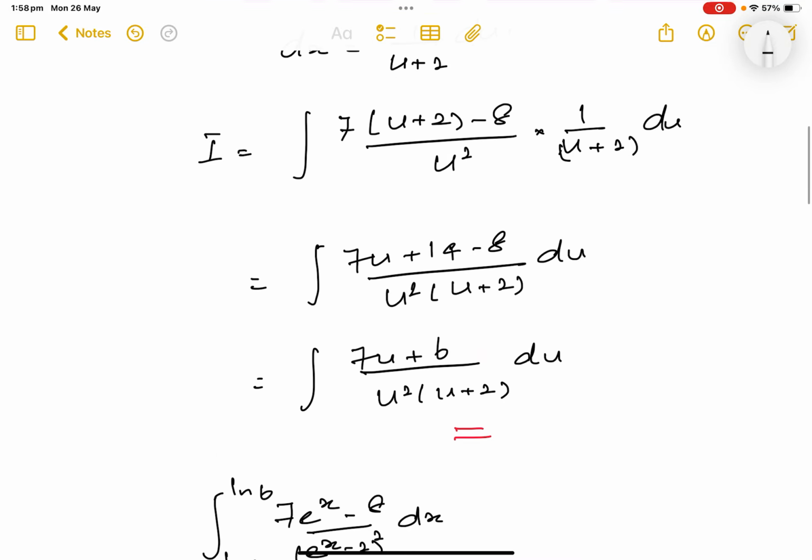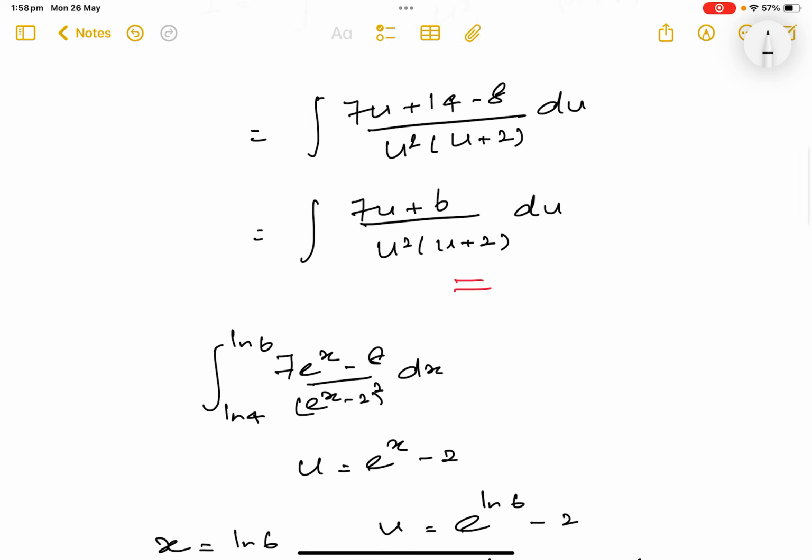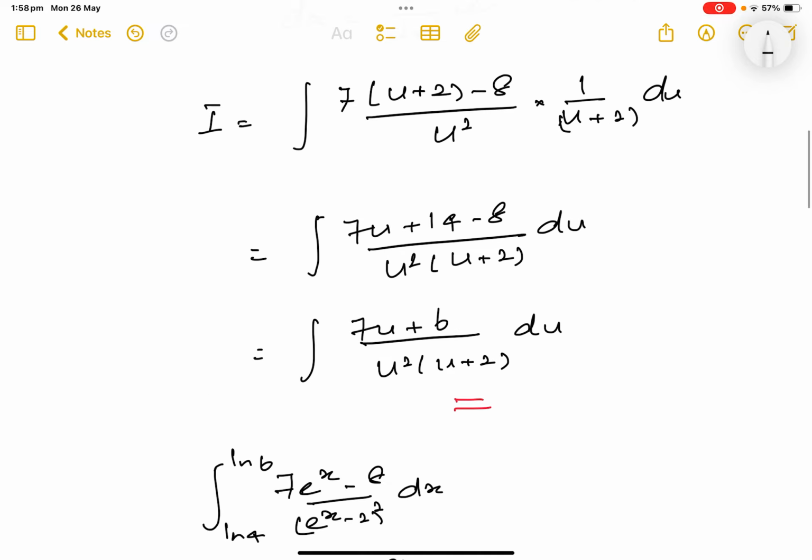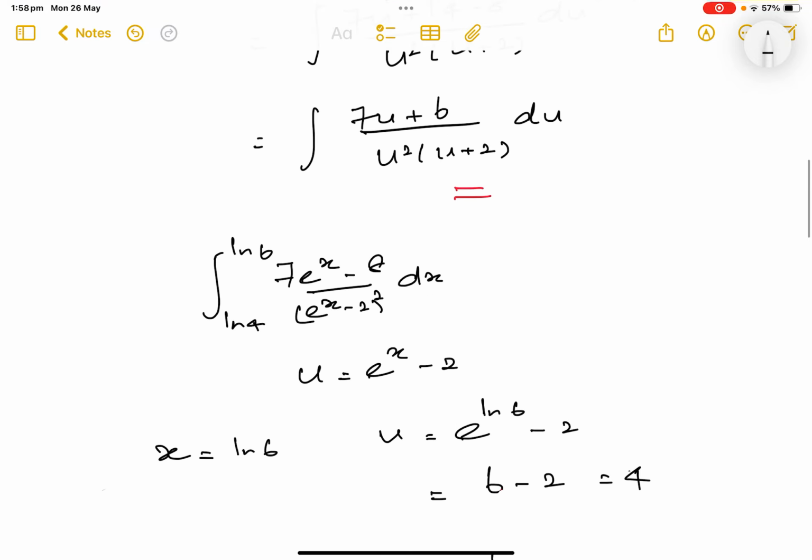Then simplify: if you remove the brackets, 7u plus 14 minus 8 divided by u squared times (u plus 2) du. From that, 14 minus 8 is 6, so the integral of (7u plus 6) divided by u squared times (u plus 2) du. This is what we have been asked to prove.